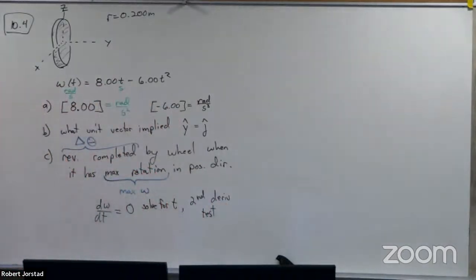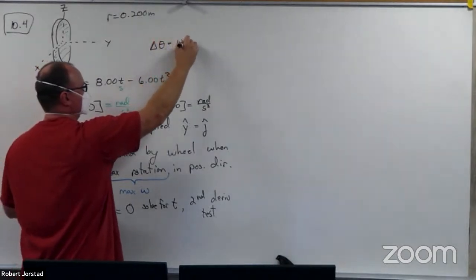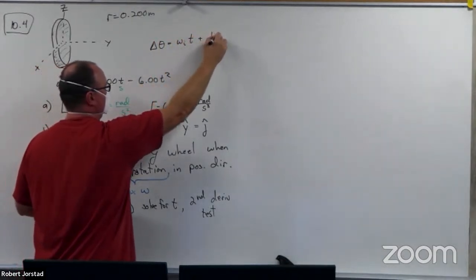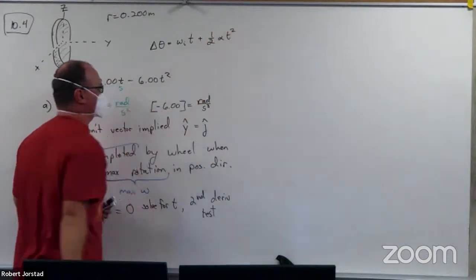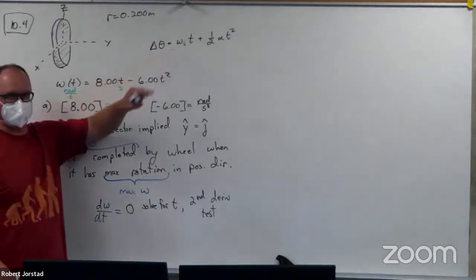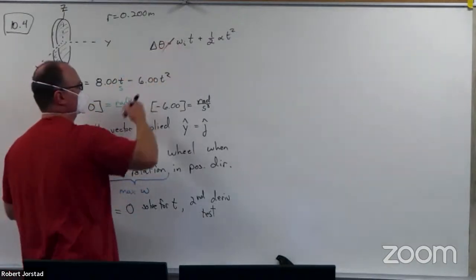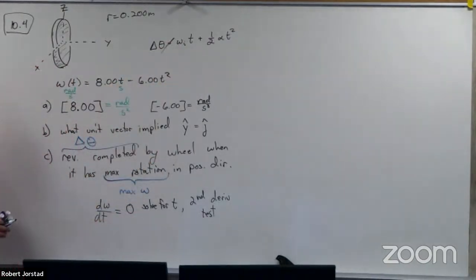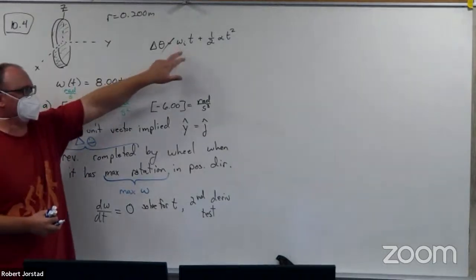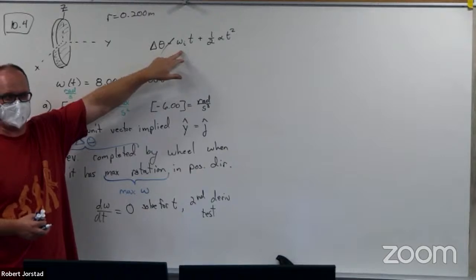Good. Okay, so wait a minute. Why can't I just use my normal equations? Like, why can't I use this? Delta theta equals omega initial t plus 1/2 alpha t squared. Why don't I just do that? This is a rotational kinematics equation. My claim is this is not true anymore. Why not? When does this apply? Constant alpha.